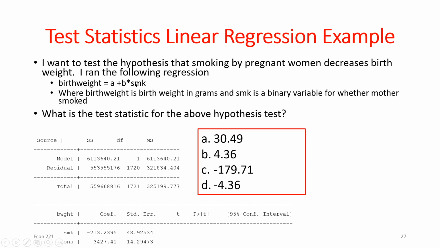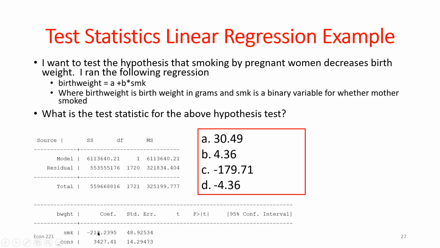So now a 1 unit increase in my x variable would mean that if the mother goes from not smoking to smoking while pregnant, whatever our estimate for B is, that's how much the birth weight we expect to be higher or lower if the mother smoked, right? Because a 1 unit increase is going from a 0 to a 1.